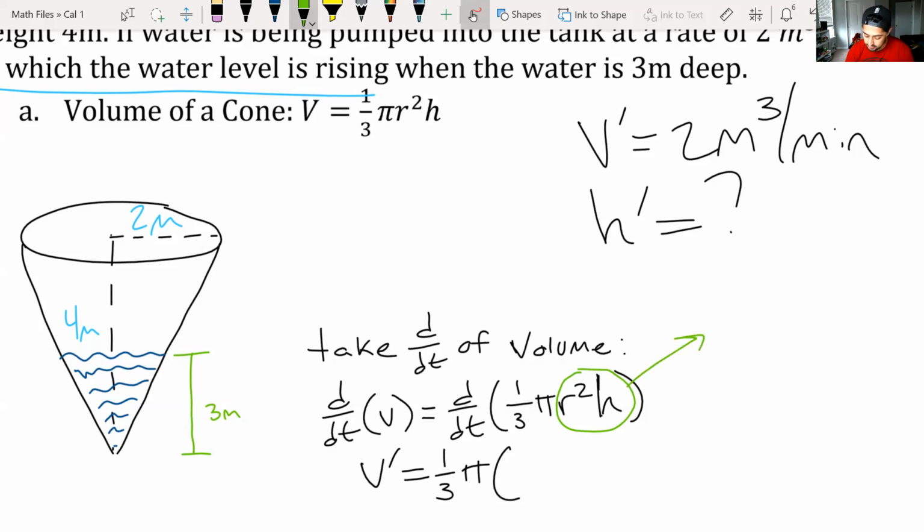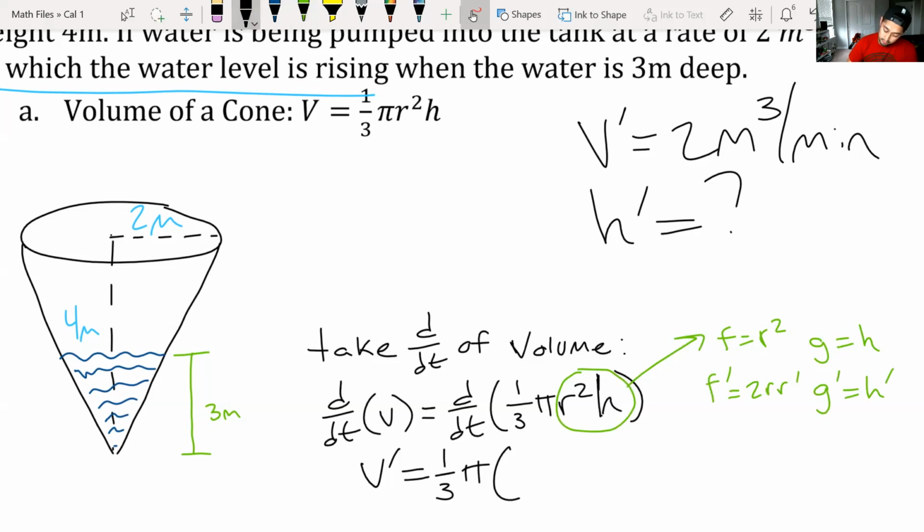This means that f would be r² and g would be h. And these are implicit derivatives. So f prime would be 2r r prime. g prime would be h prime.